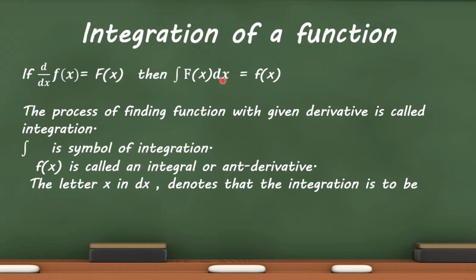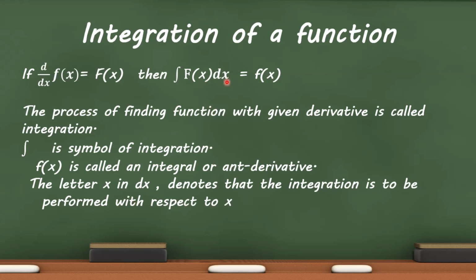And x in dx represents the variable with respect to which the integration is performed. As written here, the letter x in dx denotes that the integration is to be performed with respect to x. It means the variable is x.